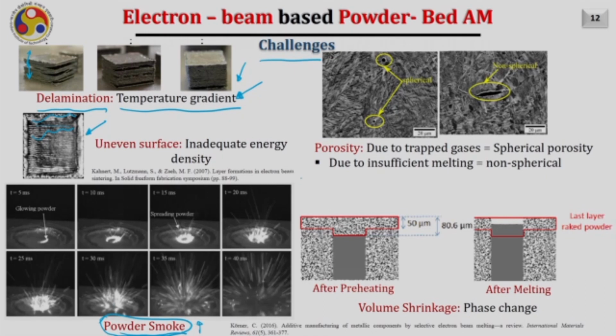So remember that if you see this type of explosion under the electron beam, it is popularly called powder smoking. Of course, there are possibilities of getting porosities, typically due to trapped gas. Now, where is this gas coming from, because we are using vacuum? In some electron beam machines, helium is purged in a very low amount.